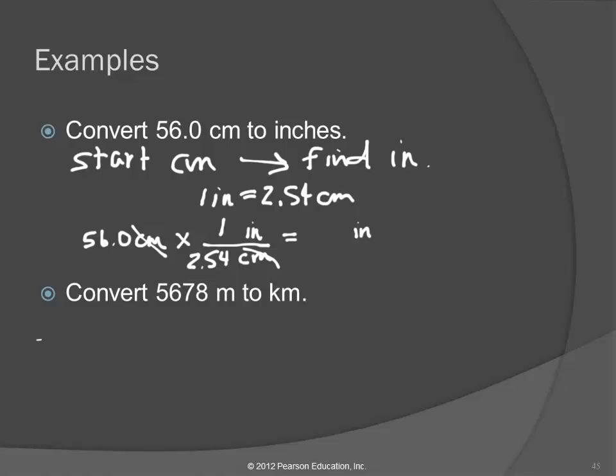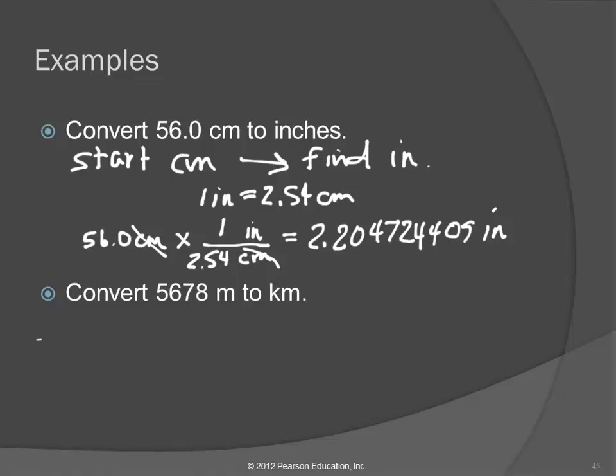Now we do the math. 56.0 divided by 2.54 equals. Calculator gives me this big mess. I don't have room there, so I'm going to erase that. 2.20472449 inches.